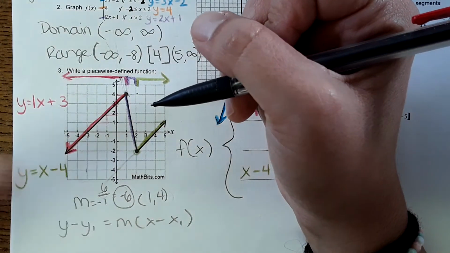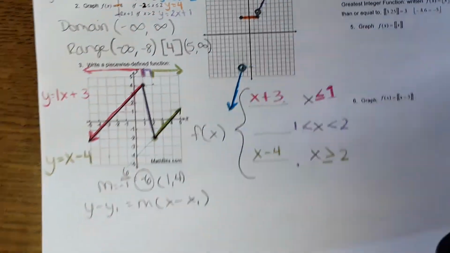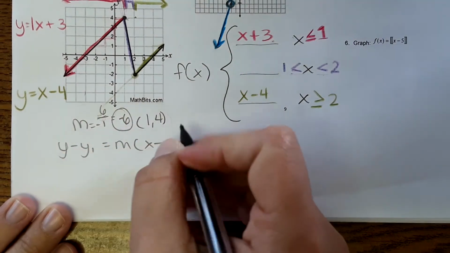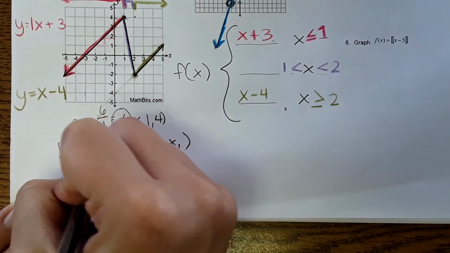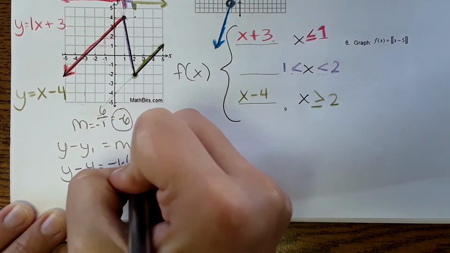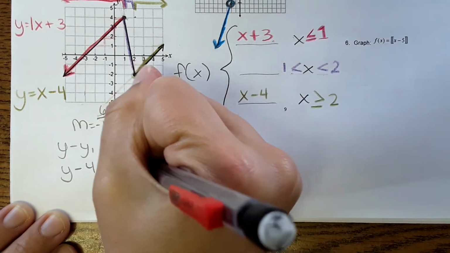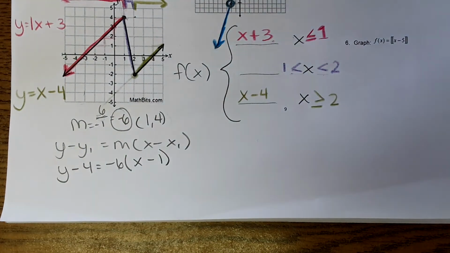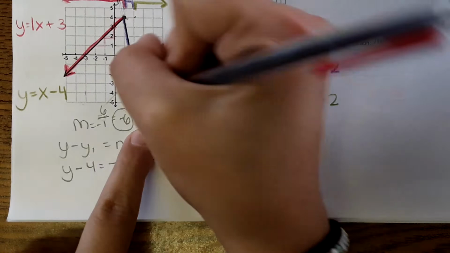And then from here, I'm plugging these numbers into here. So y minus our y. Is that another y or is that -4? Y minus y1. No, this is underneath it.